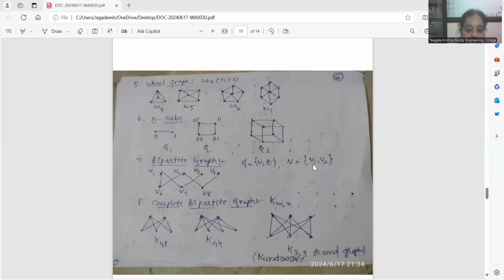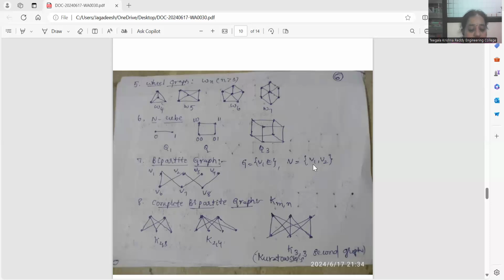The next thing is the complete bipartite graph, which is denoted by Kmn. Here m denotes the number of vertices in the first vertex set, and n denotes the number of vertices in the second vertex set. A bipartite graph is called a complete bipartite graph when we partition the vertex set into two sets such that there is no relation within the first set and no relation within the second set, but every vertex in the first set is joined with every vertex in the second set and vice versa.